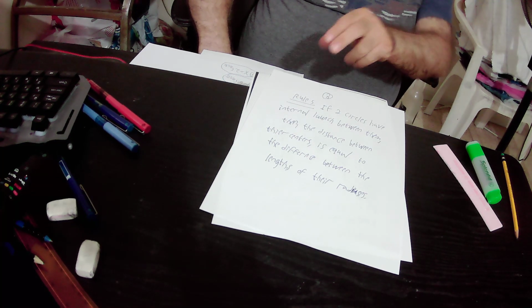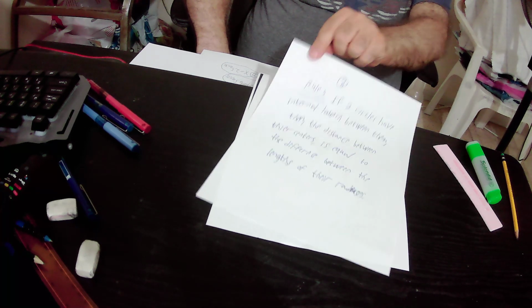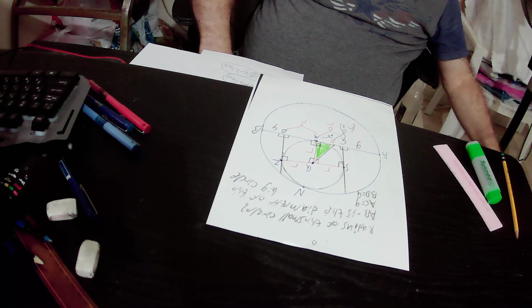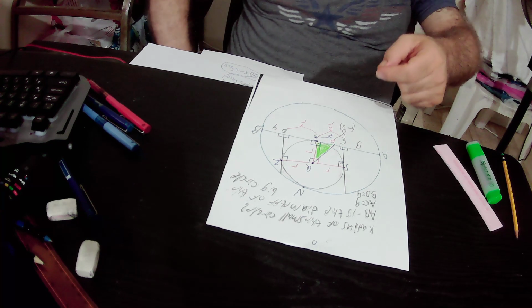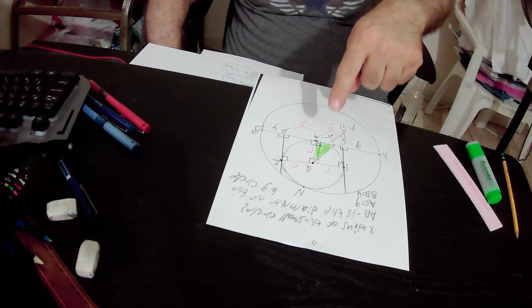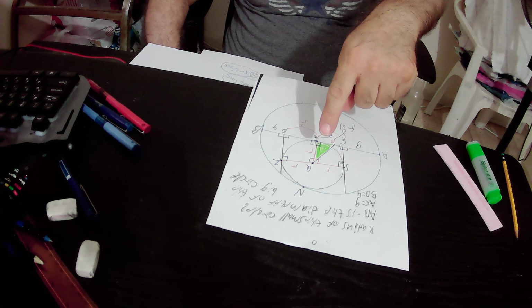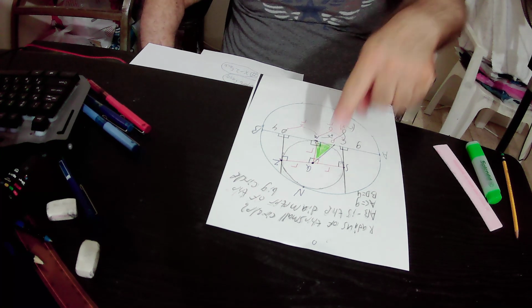We implemented rule number 5 because in our figure the two circles touch internally at point N.